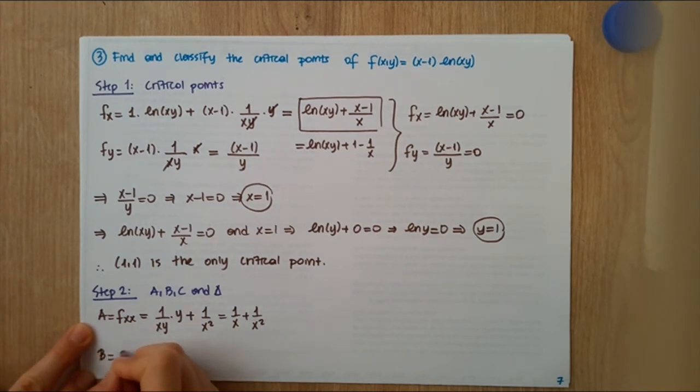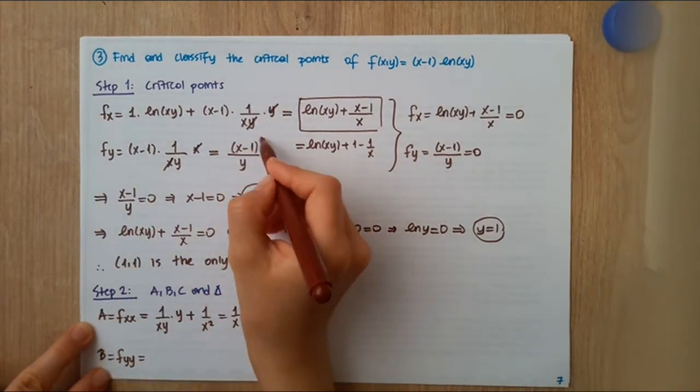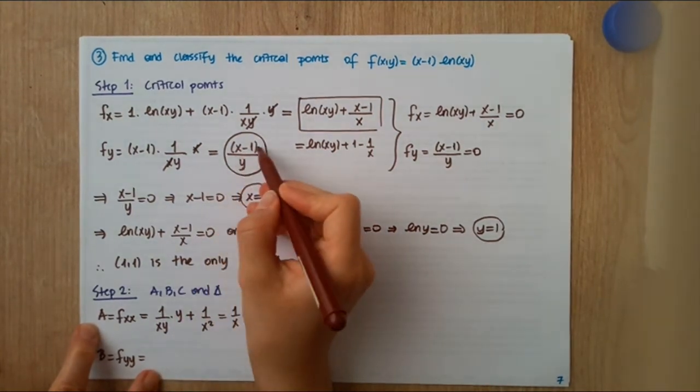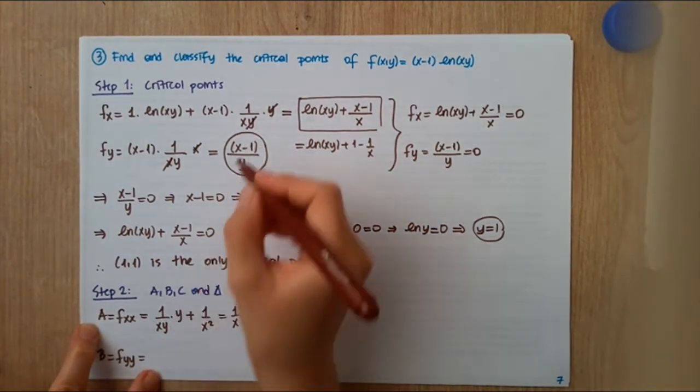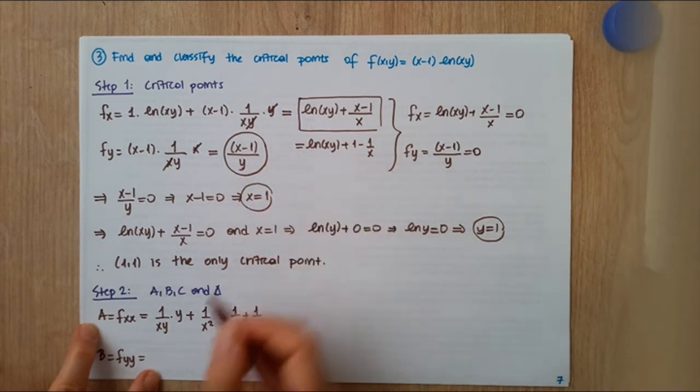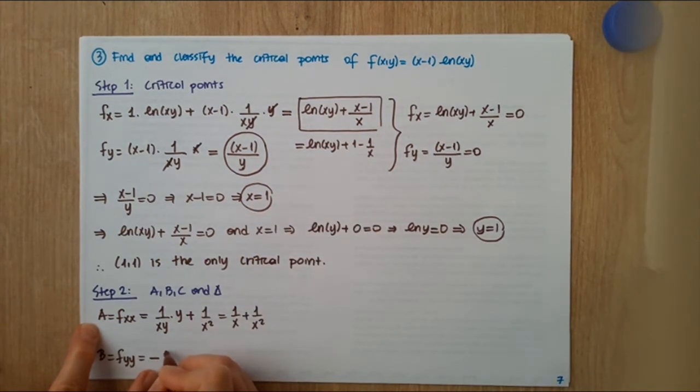And B is derivative of f with respect to y, 2 times. So I will evaluate the derivative of this function with respect to y, which means I have x minus 1, this is constant, times 1 over y. And the derivative of 1 over y is minus 1 over y squared. So I have x minus 1 over y squared. Okay.